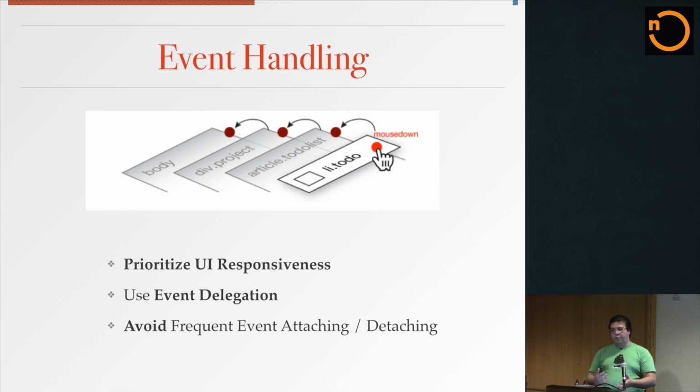But if we follow a delegation philosophy, then leaving those handlers intact would be much better, especially if you try to reduce the number of event handlers and not attach and detach events too much. You'll really see that the overall application performs better, especially in lower grade devices.